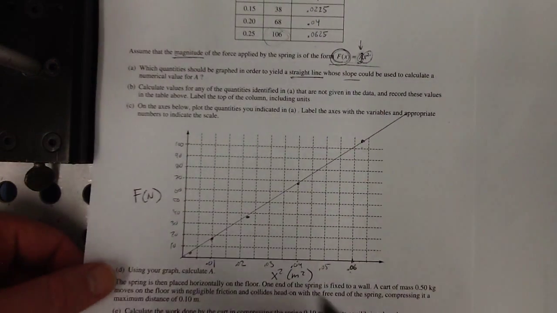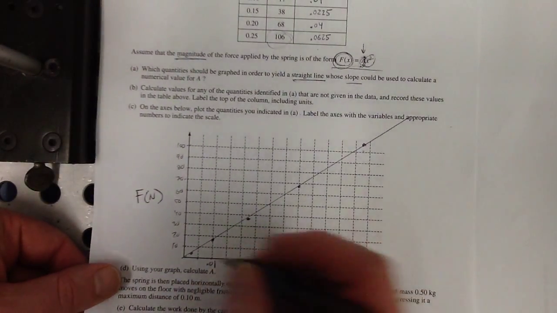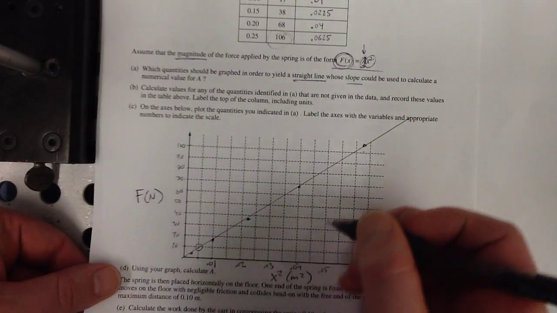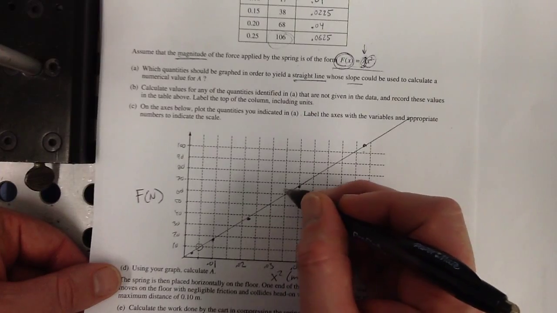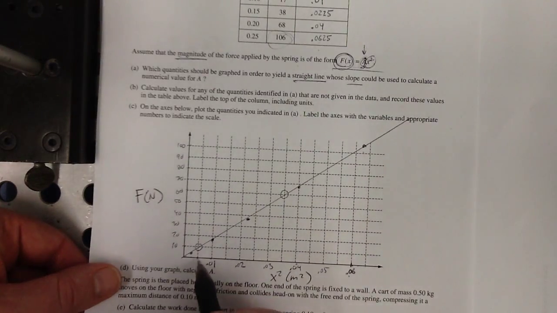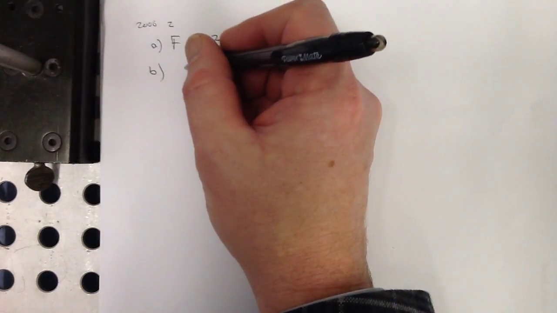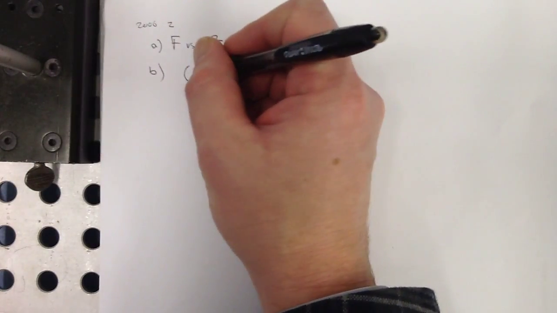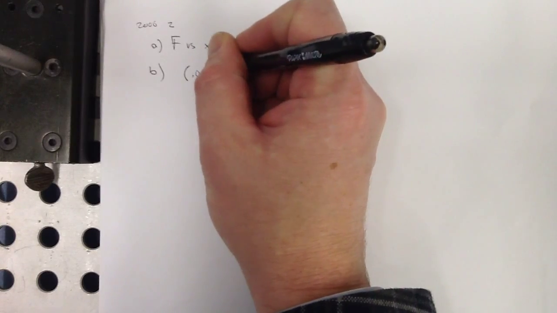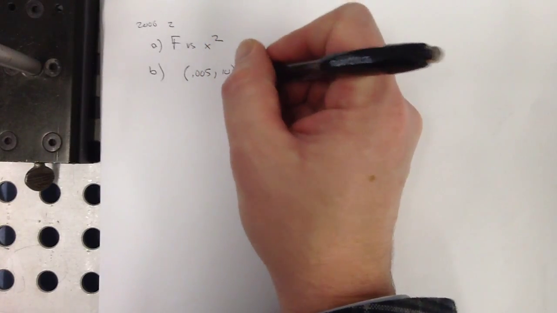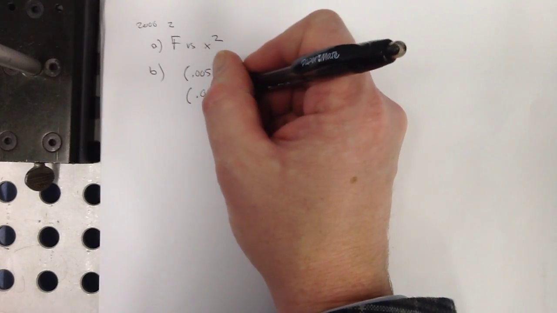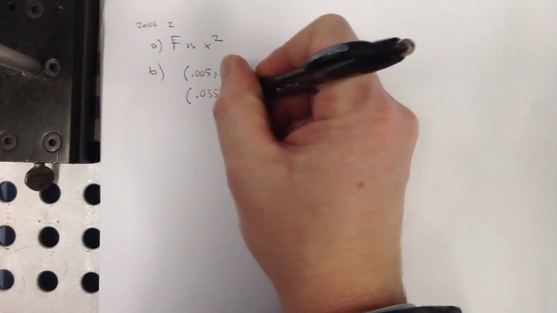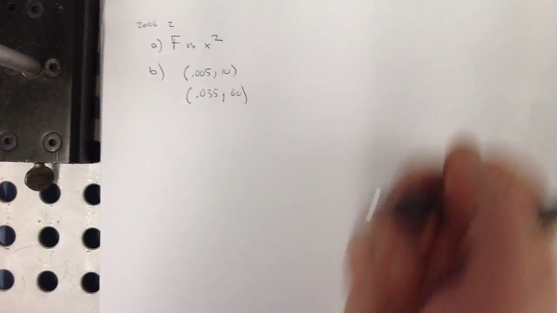So let's see. I'm going to pick a couple points from my line of best fit. I'll pick this one, and this one looks pretty good there. You'll have to trust me that my points are 0.005, 10, and 0.035, 60.